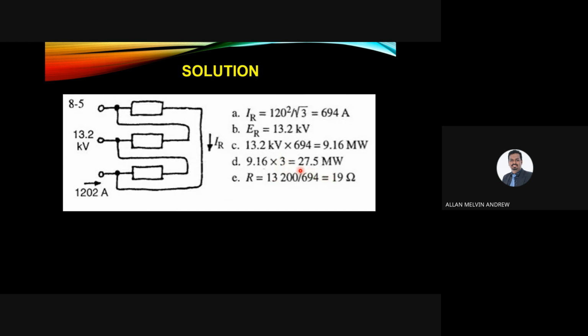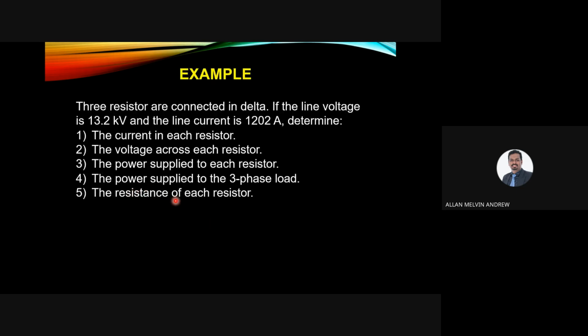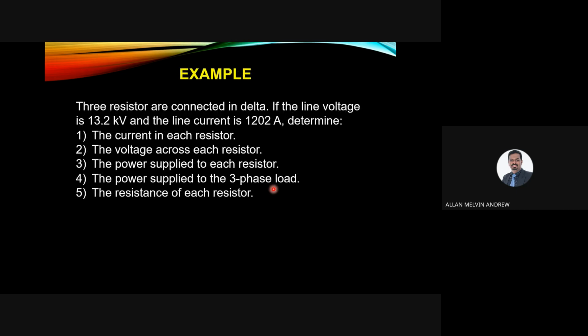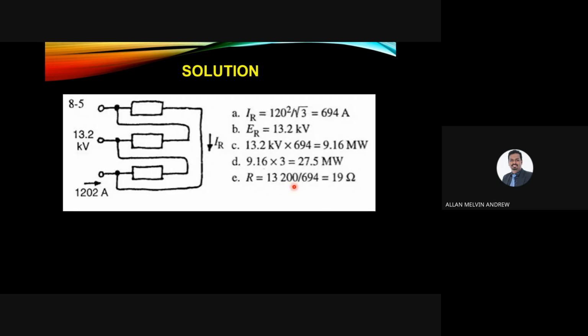So you get 27.5 megawatt. The resistance of each resistor R equals 13200, 13.2 kilo, divided by the current 694. So R is 19 ohm.